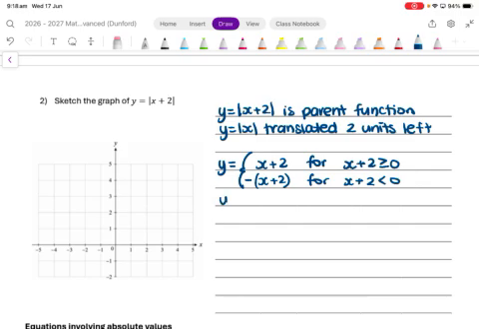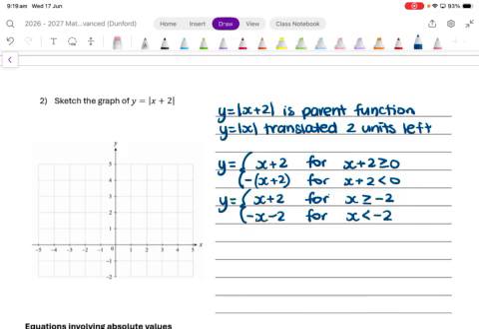Okay, we can tidy this up so we get y equals our piecewise function of x plus 2 and minus x minus 2, and they are both for x greater than minus 2, because we are solving our inequality to make x the subject.